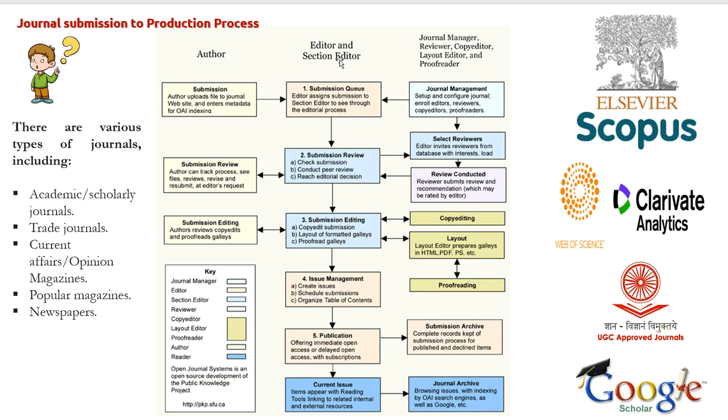This is the journal and editor screening mode, and this is the journal manager and reviewer, copy editor, layout editor and proofreader mode. This is the sector, and the journals maintain either Scopus indexing, Clarivate indexing, or US approved journals, and in some cases they maintain Google Scholar also.